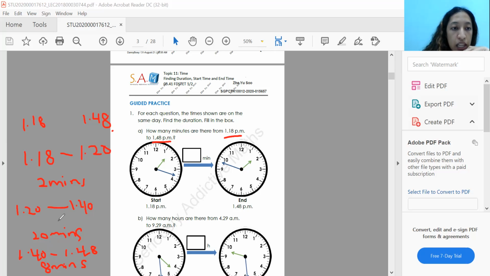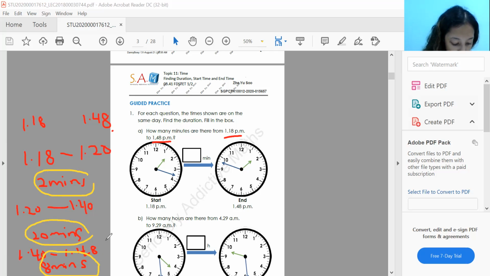Okay, so we would take 2 minutes plus 20 minutes plus 8 minutes. What would you get? So 8 plus 2 is 10. 10 plus 20, 30 minutes. So the duration here is 30 minutes. All right. So that is one of the ways in which we can find out the duration: we split them up.